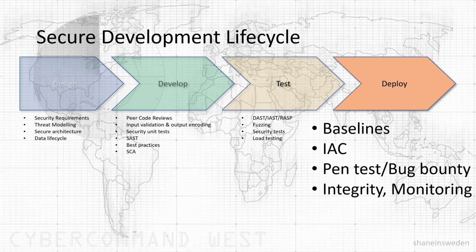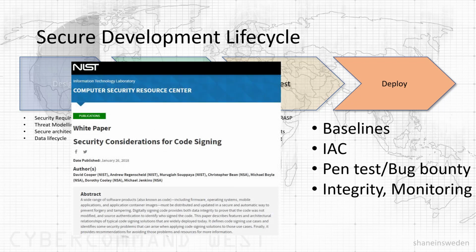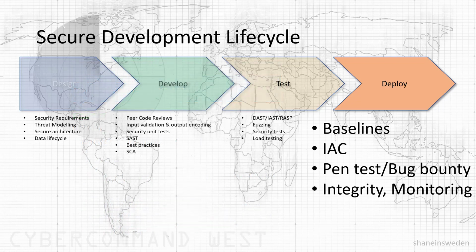For example, we can sign our binary components so that the application will refuse to load the library if it cannot validate the signature. In this way, if a hacker gains access to our production environment, they can't just swap out one of our binary components with one that they've made containing malicious code.